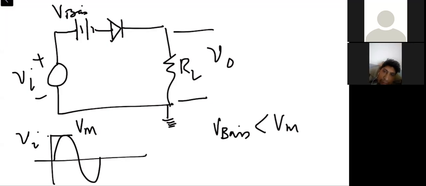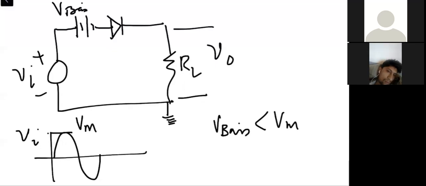Now, once the input VI reaches the value of V bias, at that very instant we have a transition of the diode from the off state to the on state.